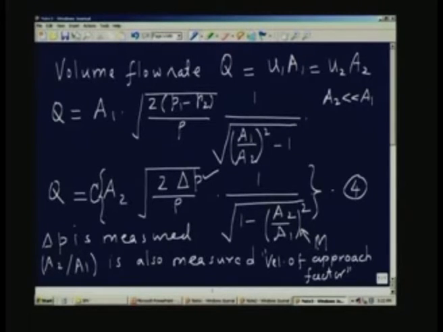So, if you call it M, this is C, I will rewrite the equation in a slightly different form.